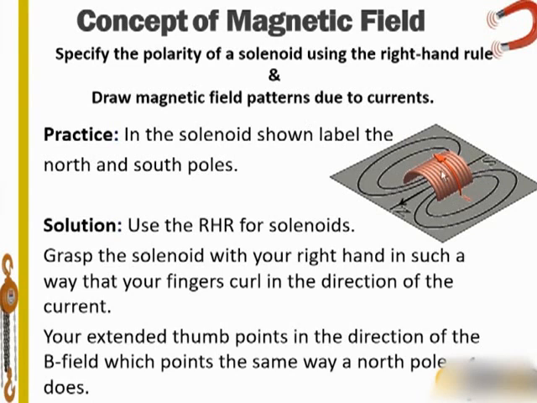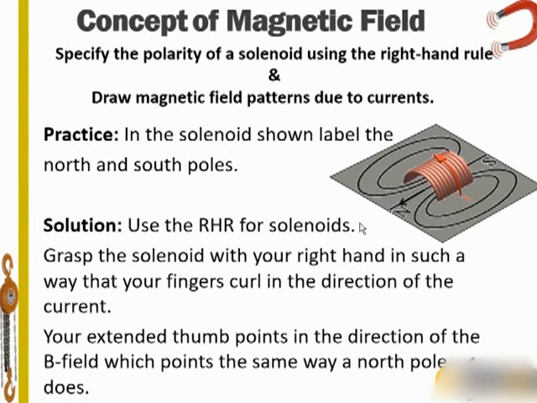Remember, the solution to identify the north or the south pole is to grasp the solenoid with your right hand in such a way that your fingers curl in the direction of the current. Once you've done that, your extended thumb points in the direction of the magnetic field, or the B field. And it points the same way as a north pole would.